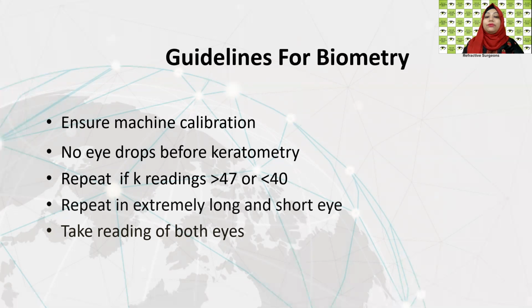Also, if any reading, K reading or axial length, is more or less than the average, we must do a recheck. For the same reason, we have to do biometry of both eyes each and every time. Why? We need to compare and see if there is any discrepancy, and only then can we have a recheck. So these are the guidelines.